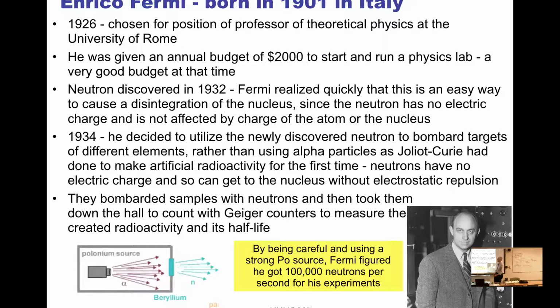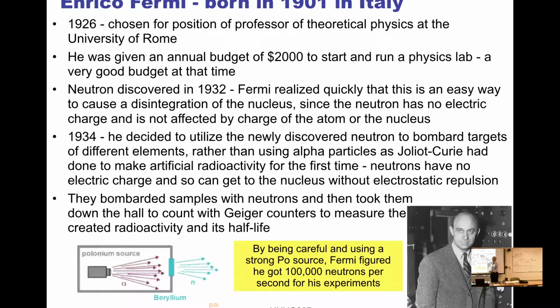Probably around 30 years old, as I recall. And the University of Rome did not have a real reputation in physics at that time. So that's why he was able to do this at a very young age. And he was really good. He was given a terribly high budget, $2,000 to start a physics lab in Rome.